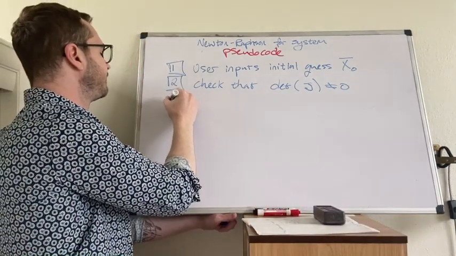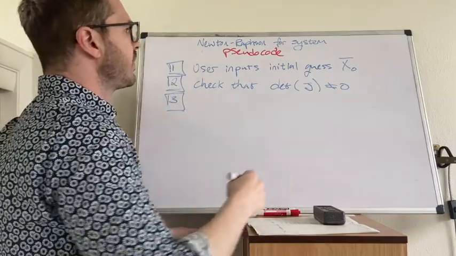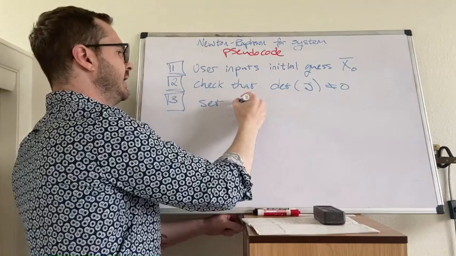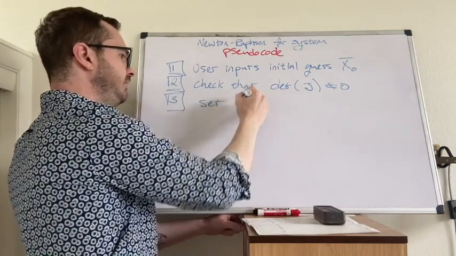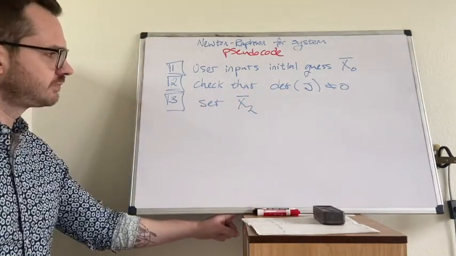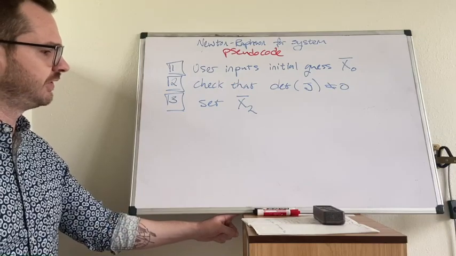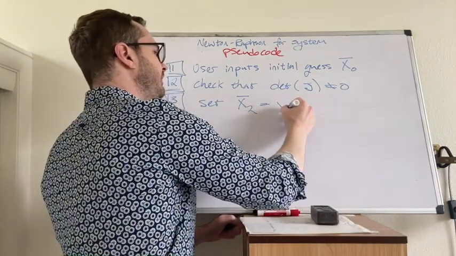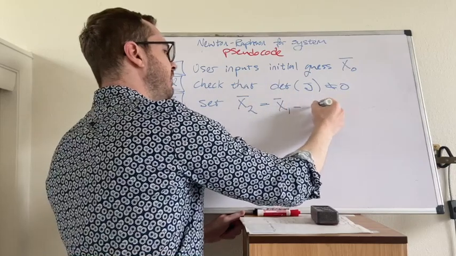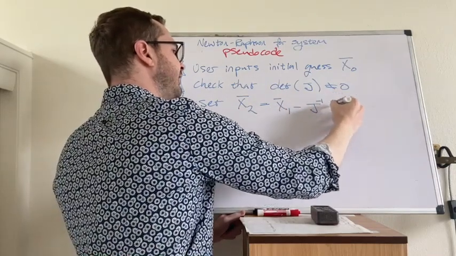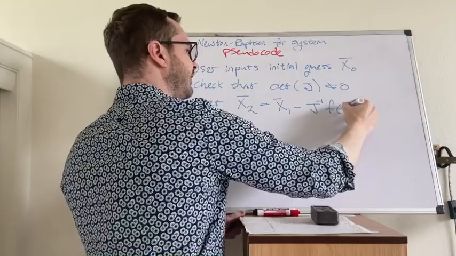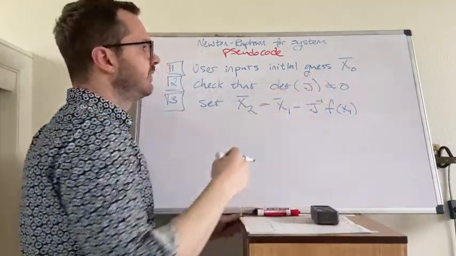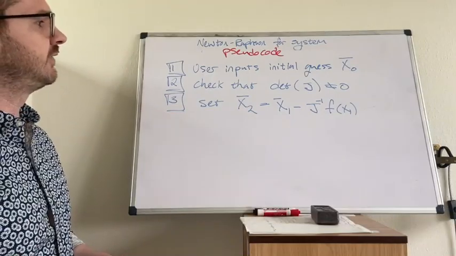Next, let's set x2, and again, we're dealing with vectors here, so x2 is a vector. X2 is going to equal x1 minus J inverse f of x1. So the x1 here, at step number 1, I said input some initial guess, x naught.